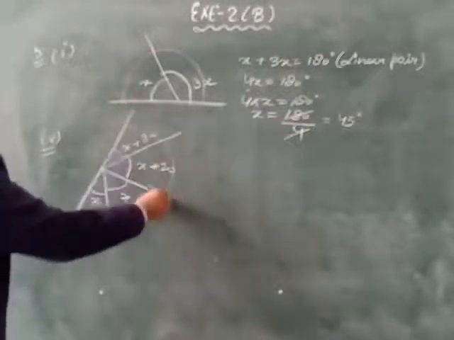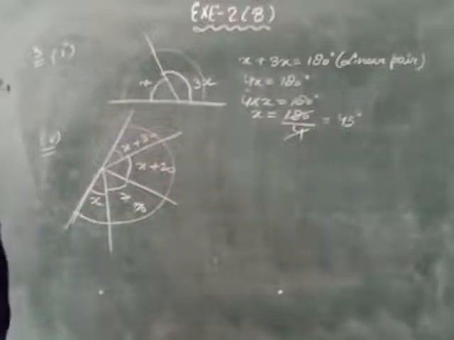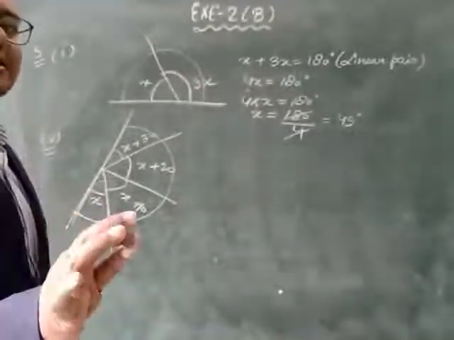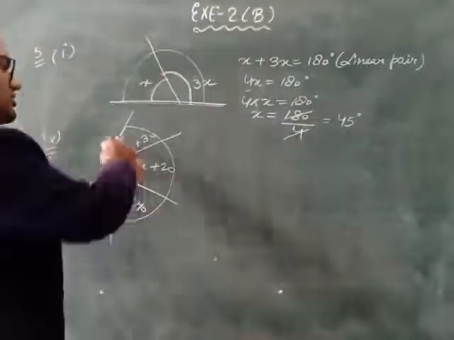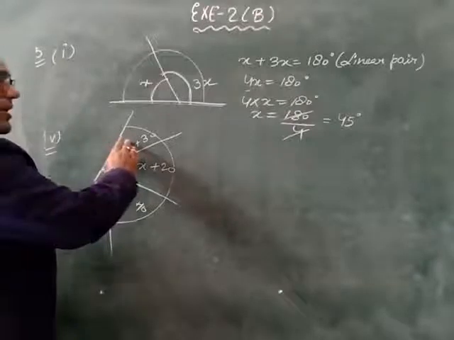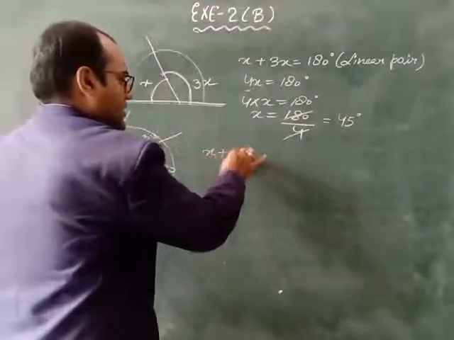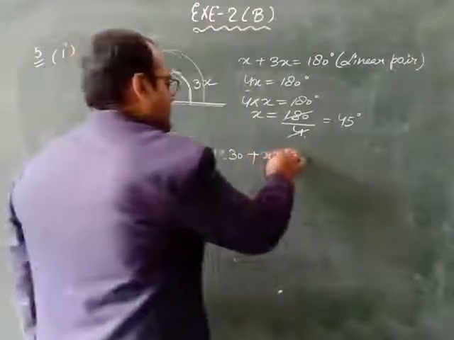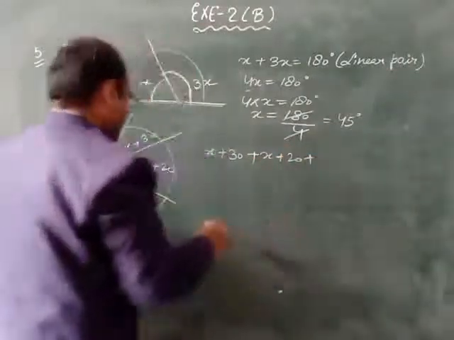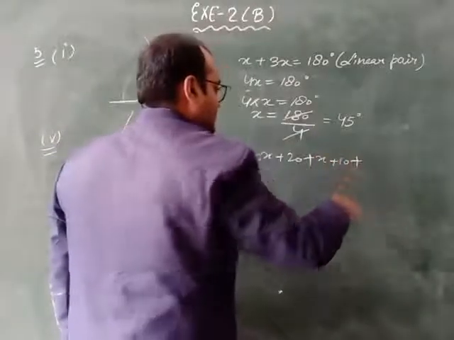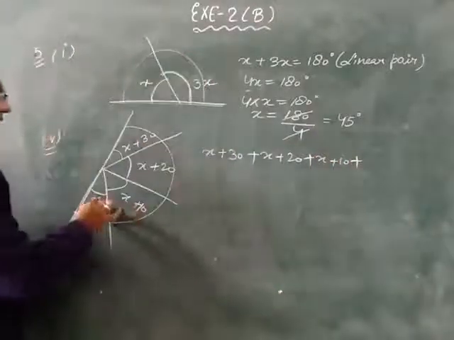On a straight line, whatever number of angles there are, the sum of all the angles will be 180, because all these angles are coming on a straight line. So we will start from here: x plus 30, first angle, plus second angle x plus 20, plus third angle x plus 10, plus fourth angle, this one, x.